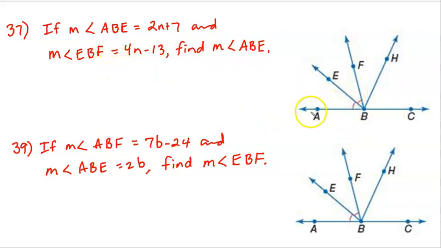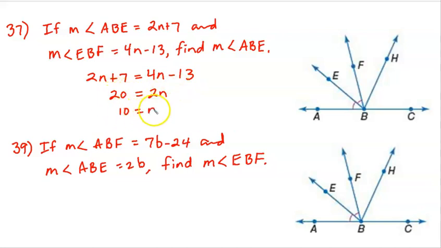Okay, so we're supposed to find ABE. Well, ABE and EBF, we've already established, are the same. So I can write an equation that sets them equal to each other. Solve for n, so I subtract 2n from both sides. I add 13 to both sides, and I divide by 2.